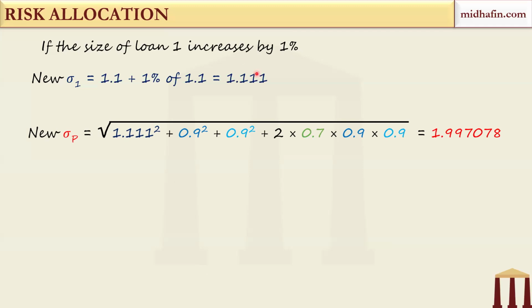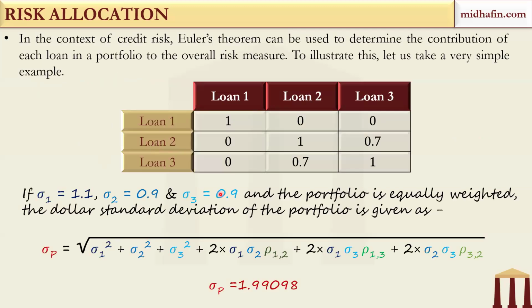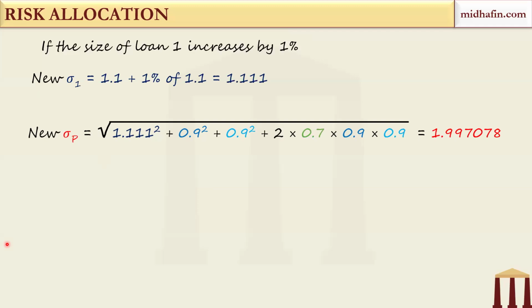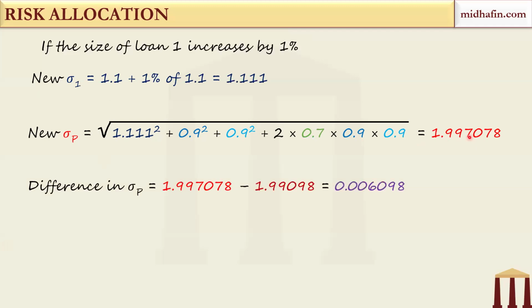The only thing that we are doing is we are just changing sigma 1 to 1.111 instead of 1.1. So over here we had sigma as 1.1. Now we are having sigma as 1.11. Okay. So we calculate, we get new sigma p, the new standard deviation, as 1.997078. And this is the difference between the two sigma p's.